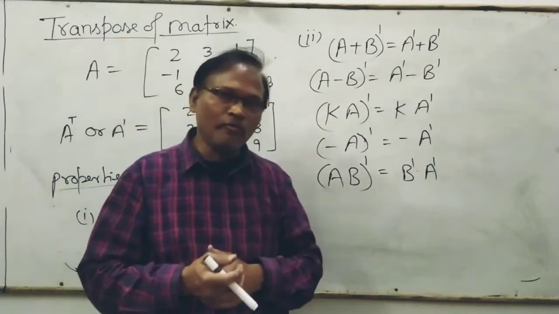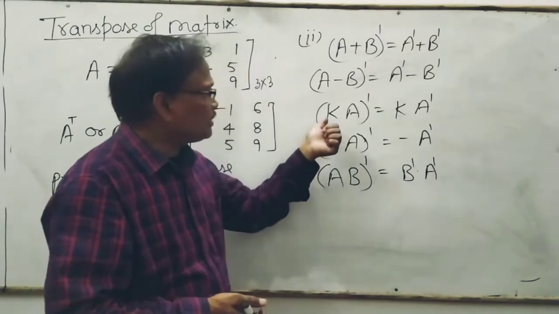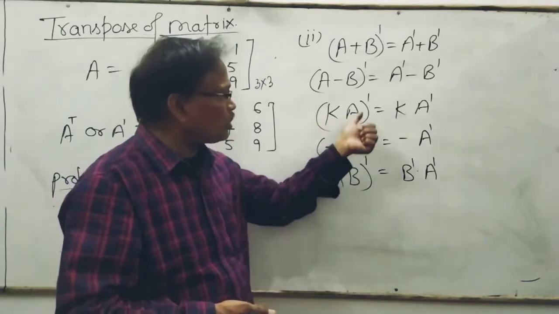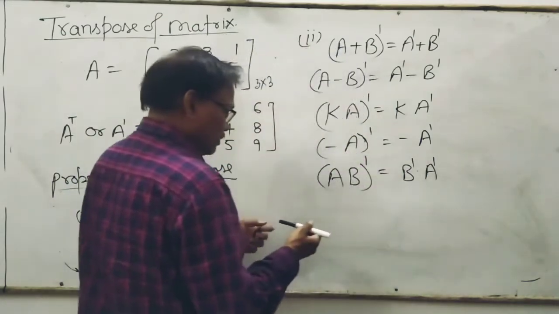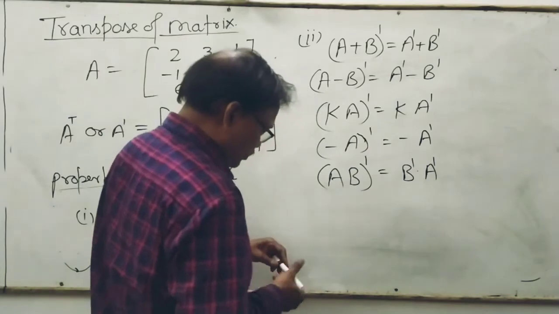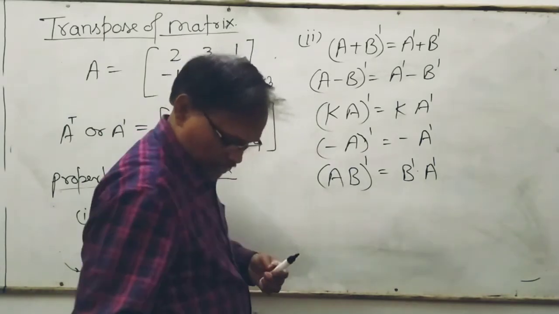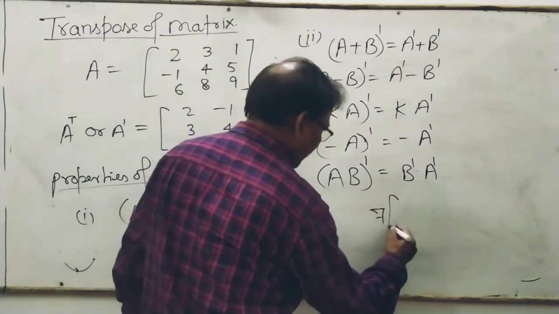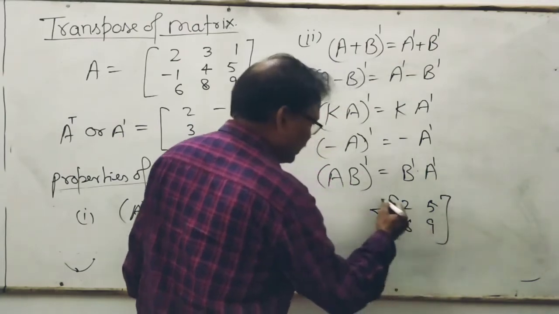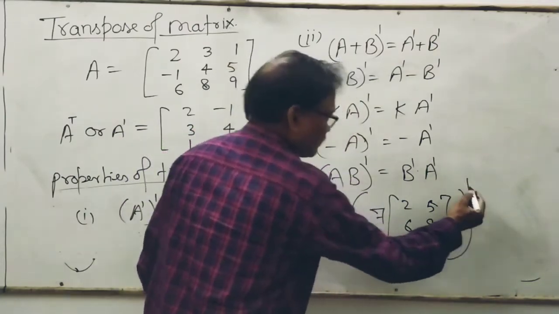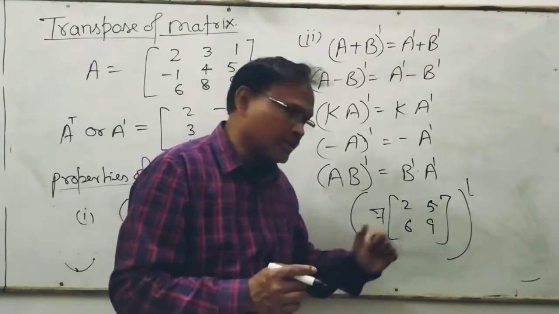But if you have any scalar, meaning some number, in that case the K A whole transpose. Now, a scalar, for example 2, if you have 7 and this 2, 5, 6, 9, and you want the transpose of this one, the transpose of 7 will be 7, you will multiply directly here.